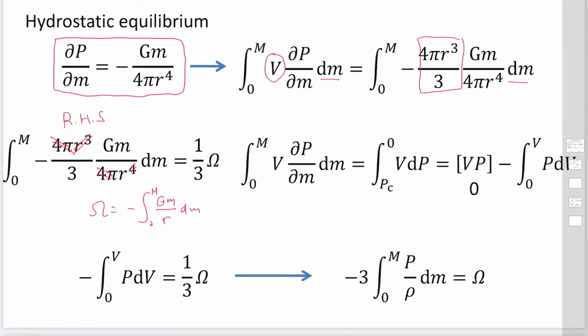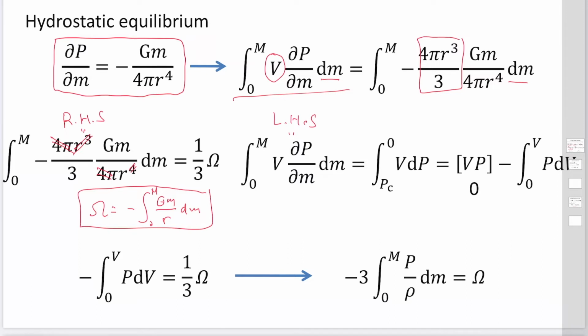So using this definition of omega, the gravitational potential energy, the right hand side is expressed as 1 over 3 omega. And the left hand side is expressed by the same equation.